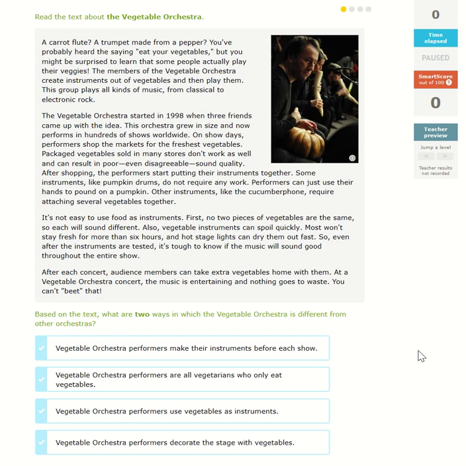Packaged vegetables sold in many stores don't work as well and can result in poor, even disagreeable sound quality. After shopping, the performers start putting their instruments together. Some instruments, like pumpkin drums, do not require any work. Performers can just use their hands to pound on a pumpkin. Other instruments, like the cucumber phone, require attaching several vegetables together.